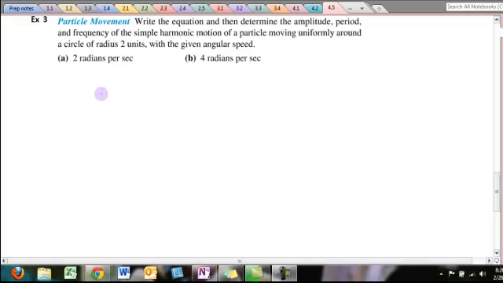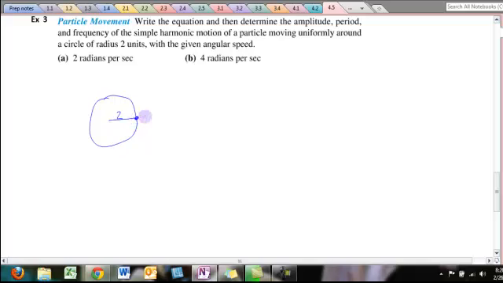Okay, so if I have just a circle here, I got my circle. I know that I have a radius of 2 units. Okay, so if I start right here at 0, and then I were to move around my circle, then that's where my harmonic motion comes in.